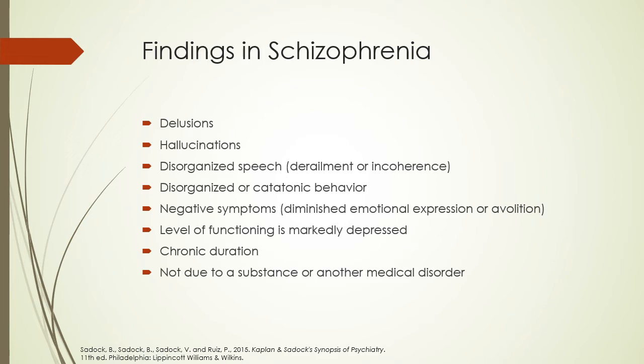And this includes intake of hallucinogens, an example of that is marijuana, or methamphetamine. Or this must not be due to another medical disorder. For example, in patients with systemic lupus erythematosus, if the brain is affected, then they will manifest with psychosis.